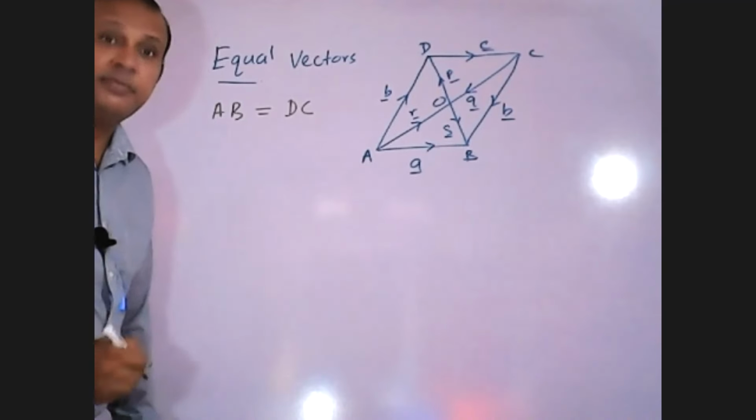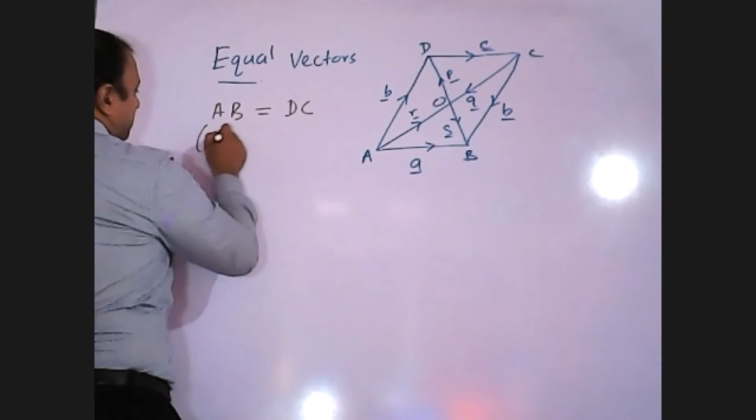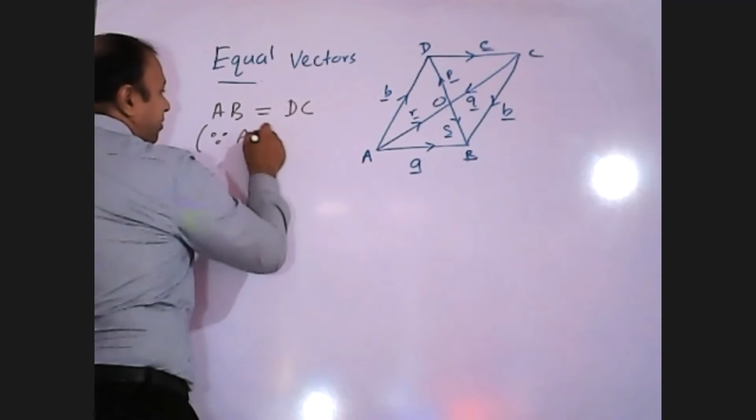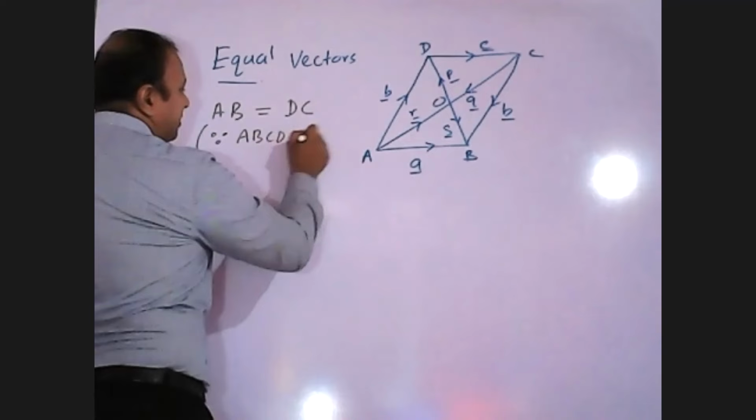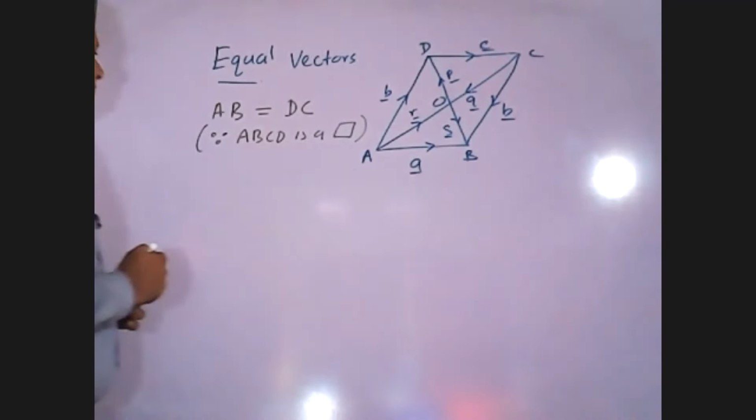So what is the reason? The reason is ABCD is a parallelogram. Now the length is okay.